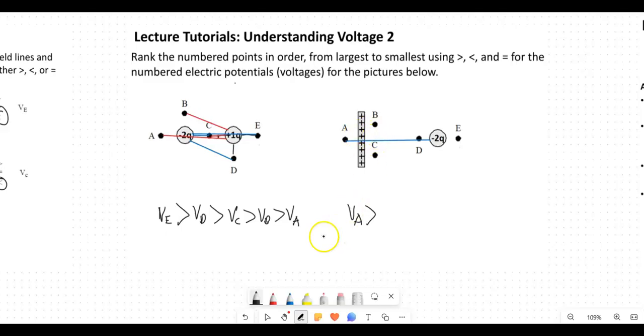But now, if you look at C and B, those two guys are equidistant to the negative 2q charge, and they're equidistant to the positive charges right there, that distance and that distance, right?